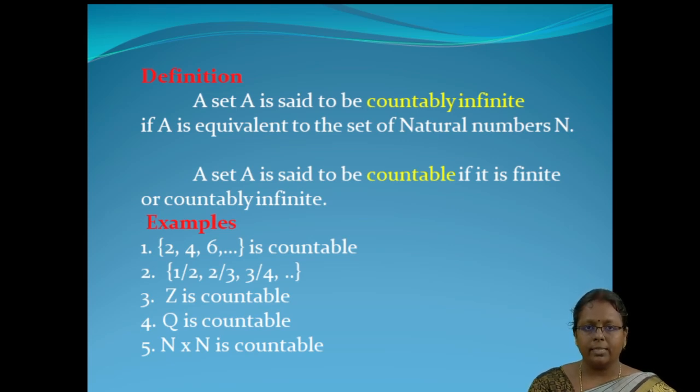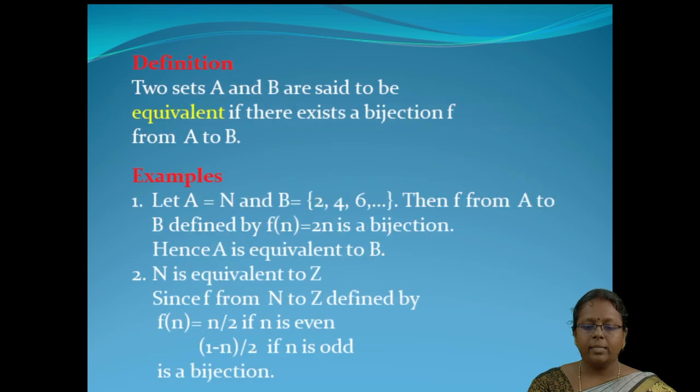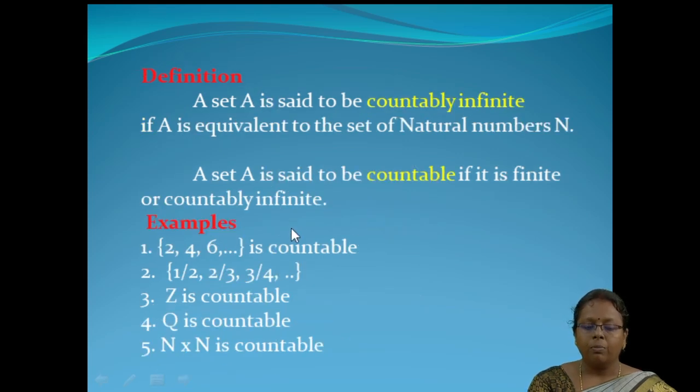Consider these examples. In the previous slides, we have seen A and B are equivalent. So B is equivalent to the set of all natural numbers. So the set of all even numbers {2, 4, 6, ...} is equivalent to N. Therefore {2, 4, 6, ...} is countable.